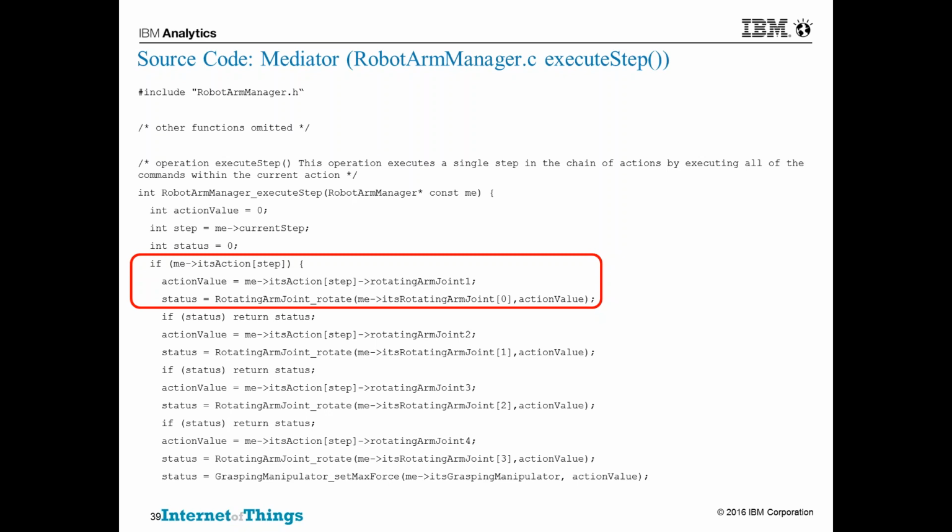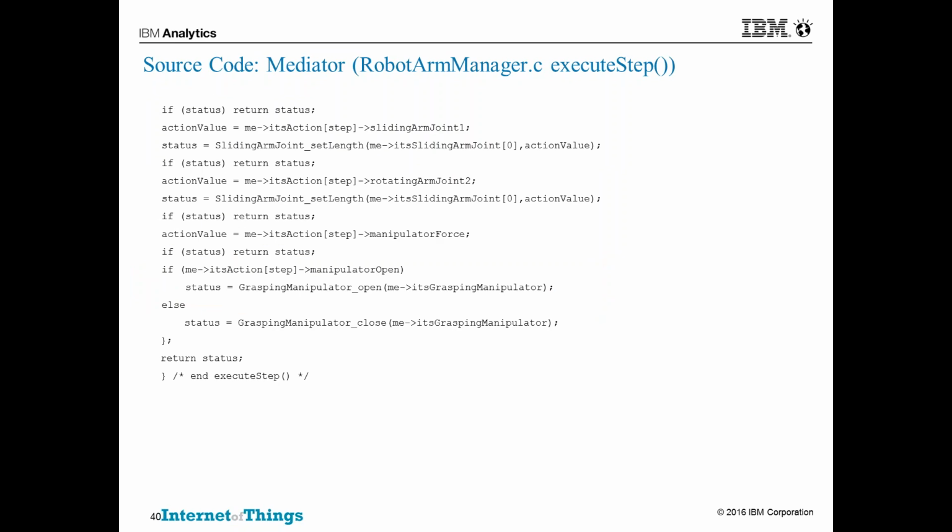And if the status returns that there's a problem, then we can terminate. Otherwise, you go to the next step. And then it continues. I don't know that's particularly interesting. You can look at it more in the slides for the webcast after the fact.